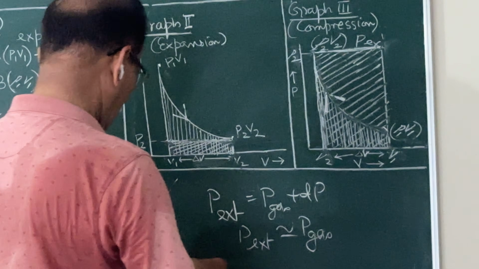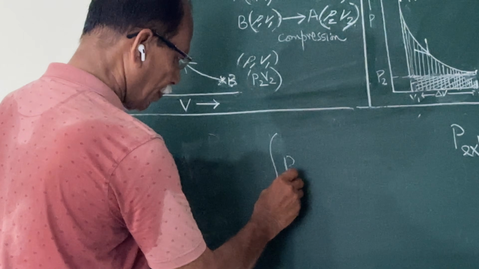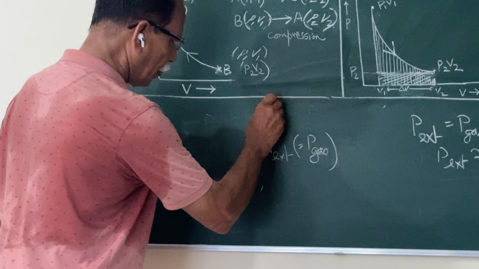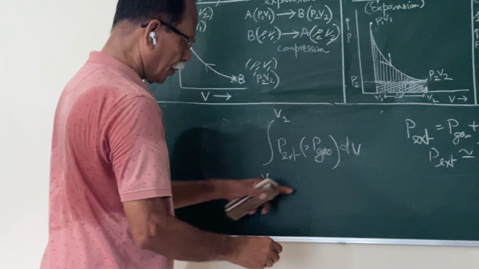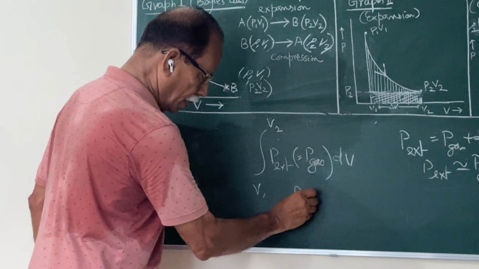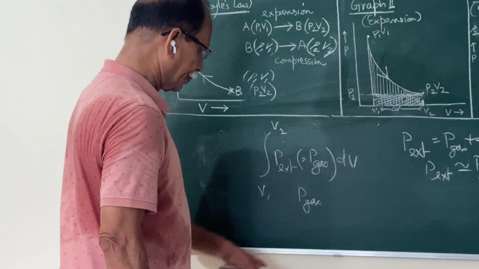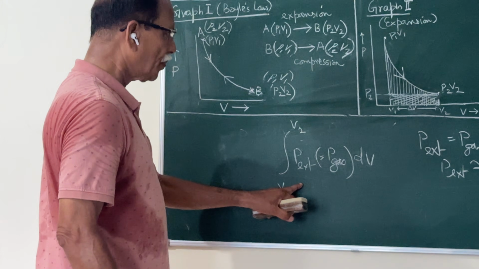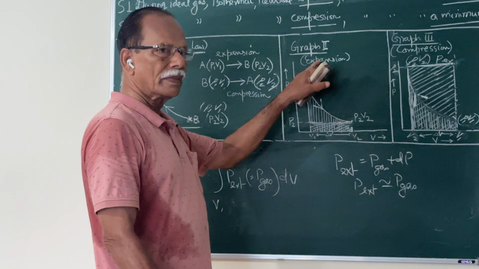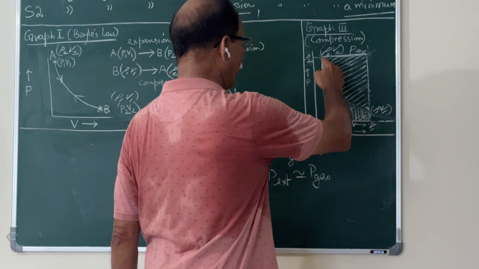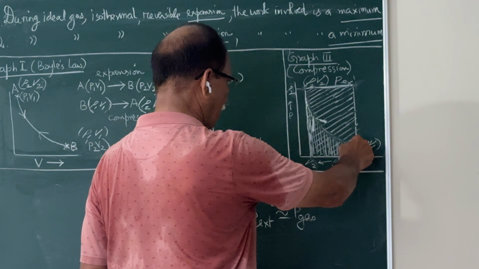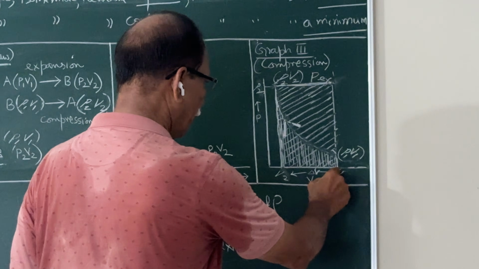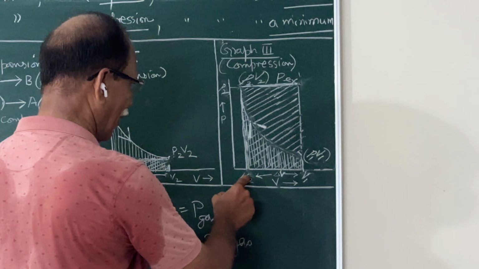External pressure varies, and the integral of P external, which is equal to P gas, from V1 to V2, PdV, you can take the P gas outside and the integral is exactly as given in graph 2. It is the area enclosed between this hyperbolic curve, the volume axis, and the vertical lines V1 at the starting point and V2, both in italics. Same area.